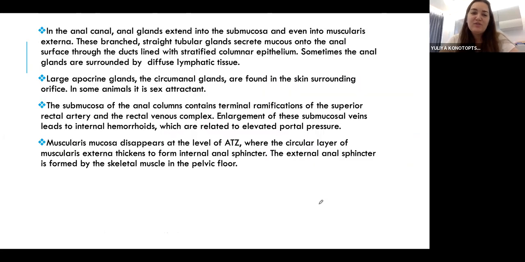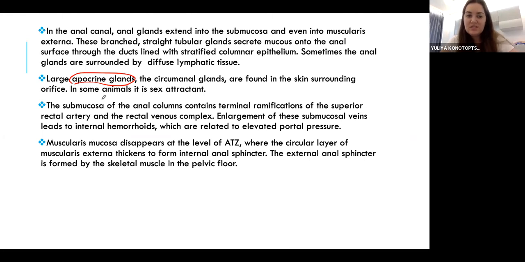Okay, there are some kind of glands. We kind of talked about them. The apocrine glands, as you remember, right? They are located in your weird areas like axilla, nipple, areolar region, and then the anal canal.